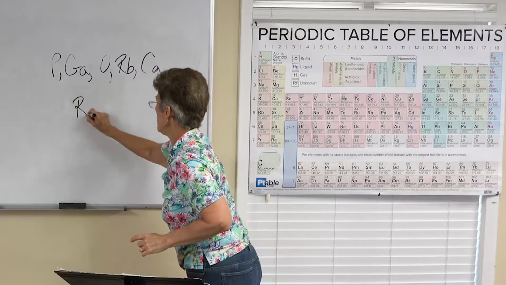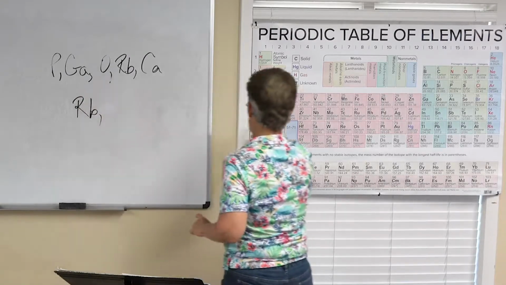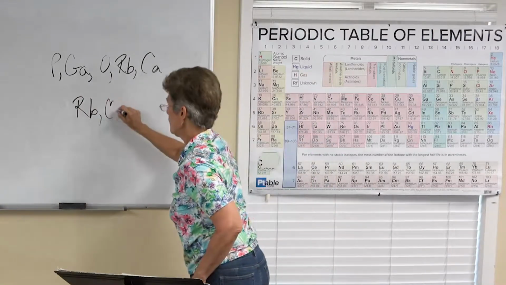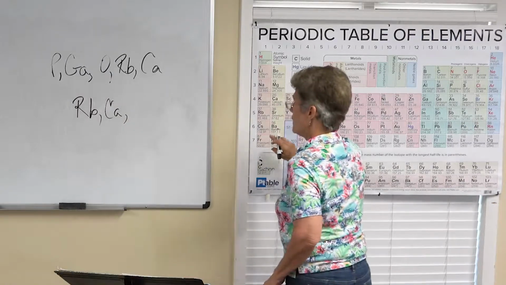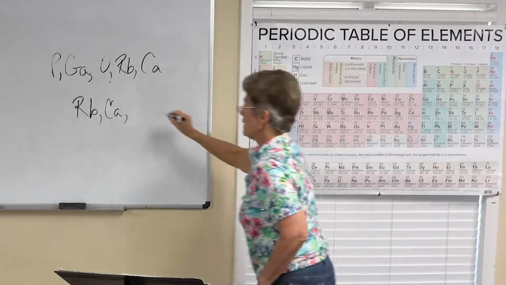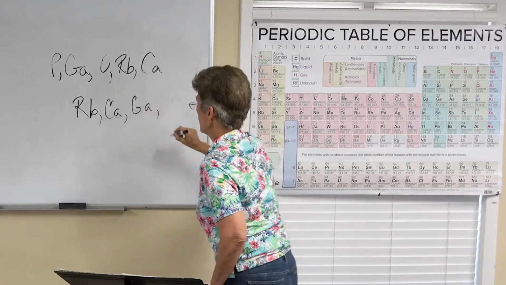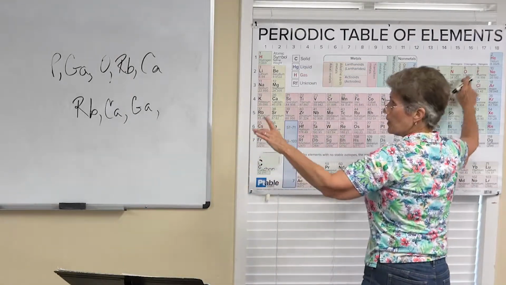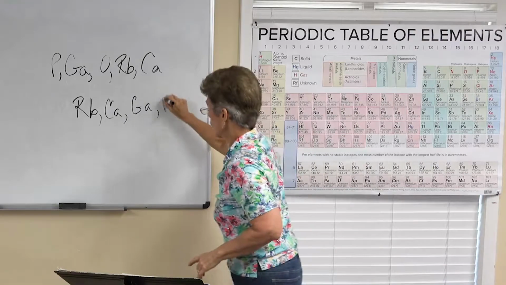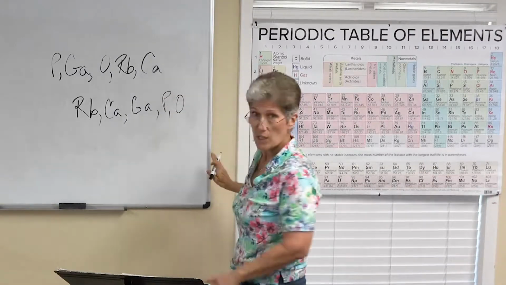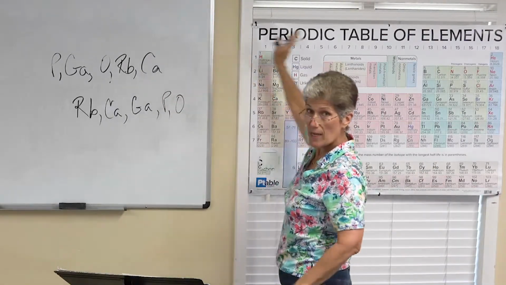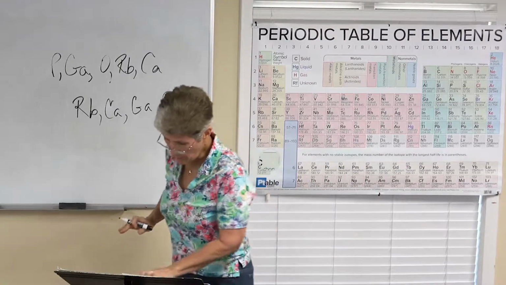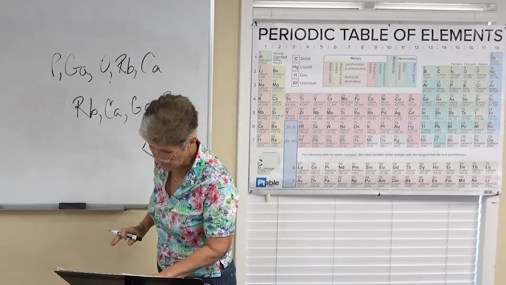So it's going to be rubidium, and then calcium, and then gallium, and then we get to phosphorus and oxygen. So we're just increasing electronegativity this way and this way across the chart. And so that's where you come up with that.